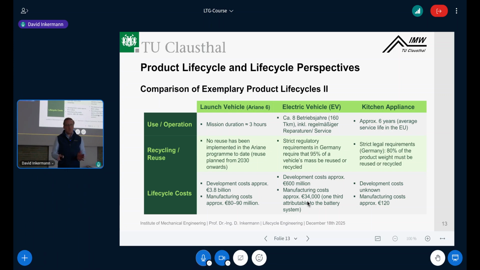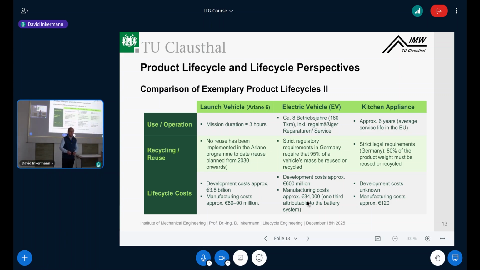And the last one, it's also interesting if you compare the costs, maybe compared to the use and the operation. So in the Ariane example, I think it's a very expensive operation. It takes nearly 4 billion euro for development, and manufacturing of one rocket is about 80 to 90 million, and you run it once.